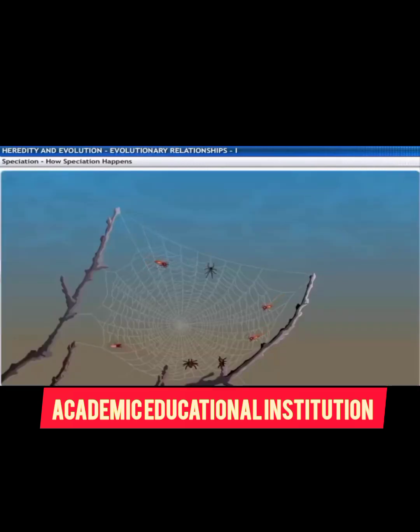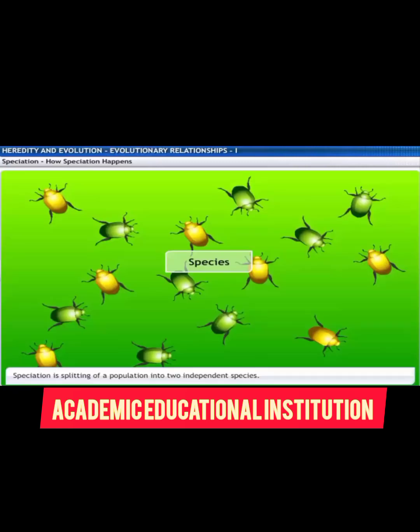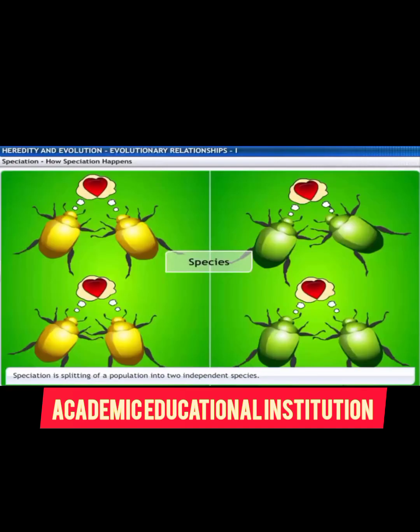Thus, we can say that these spiders belong to the same species. Speciation is an event that splits a population into two independent species which cannot reproduce with each other.